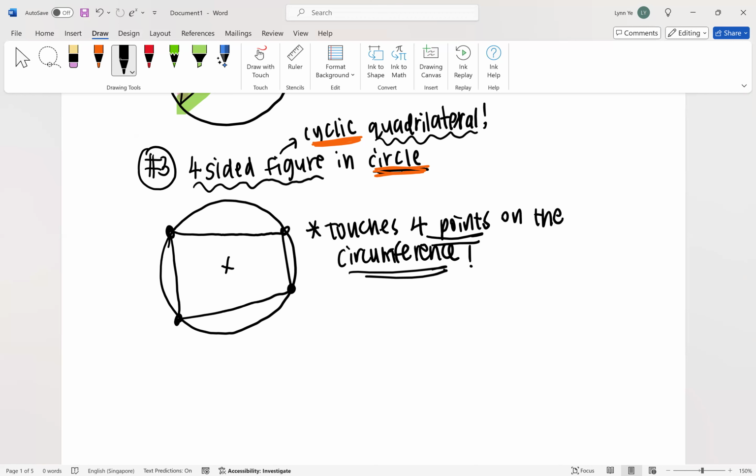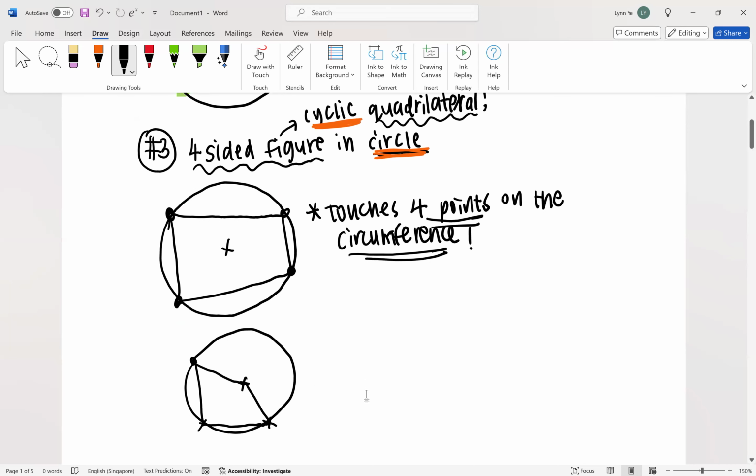So, for example, a lot of students are being tricked. Can you use the property for this four-sided figure? Is this considered a four-sided figure in a circle? It can be, but you cannot use the property. Why can you not use the property?